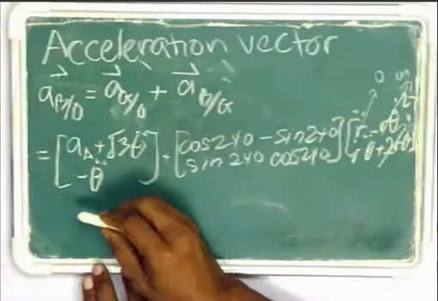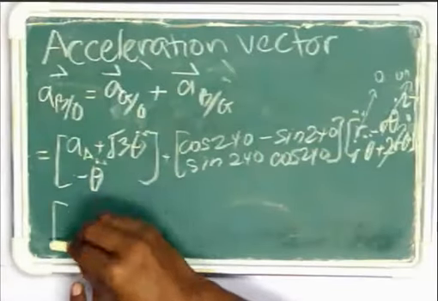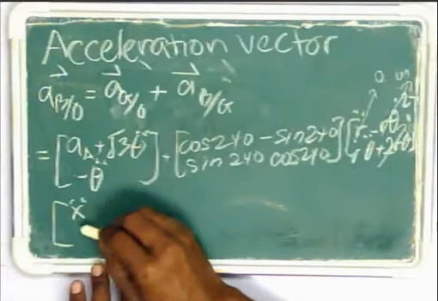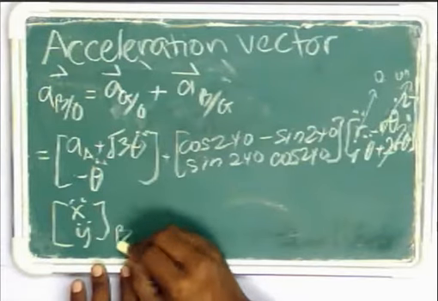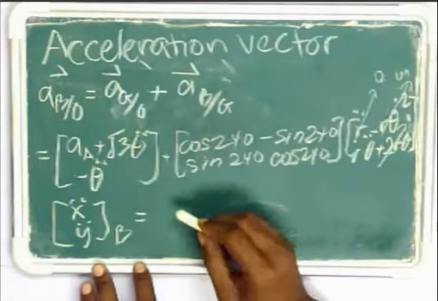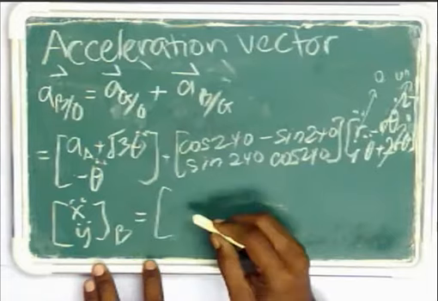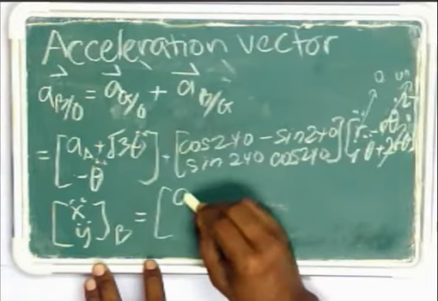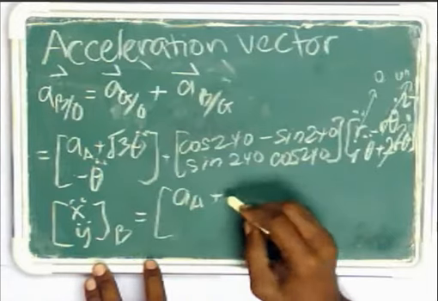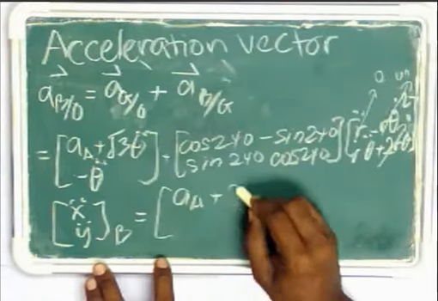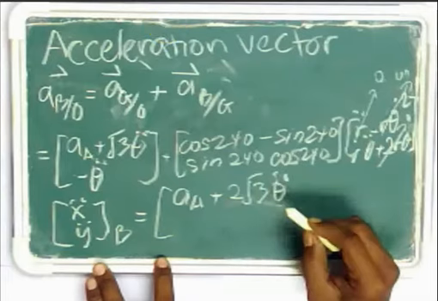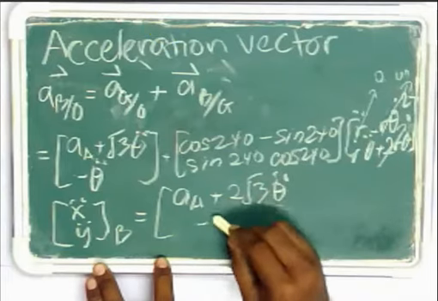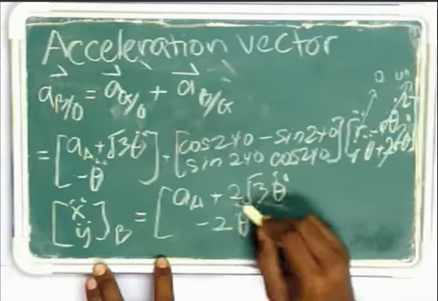So we have x double dot, y double dot at B equal to A plus 2 square root 3 theta double dot, and then minus 2 theta double dot.